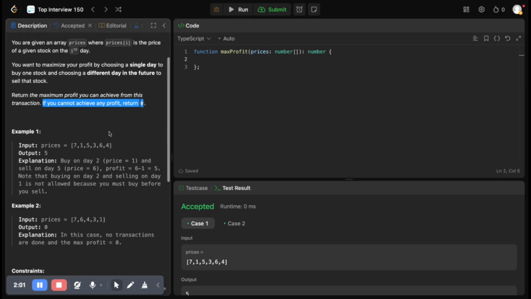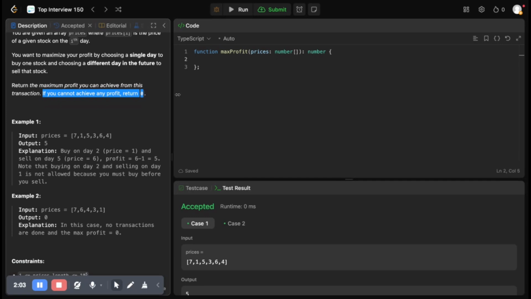So let's get into the code. The first thing I want us to do is to keep track of the minimum price and the maximum profit. So let's initialize the minimum price to be the first day, which is prices[0], right?